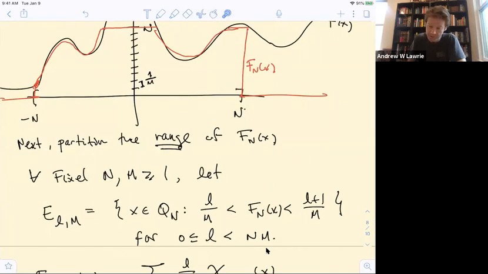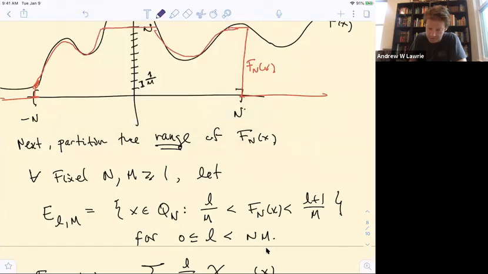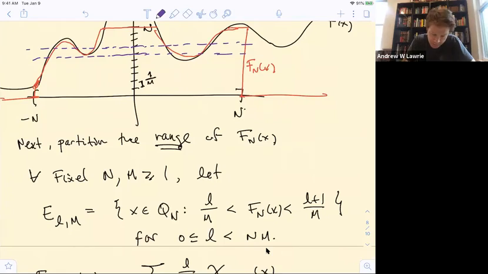So if I fix one of these bands here, let's see, I get my set by looking at all the places where f lands in it. So it looks like there's some stuff in here, stuff in here.